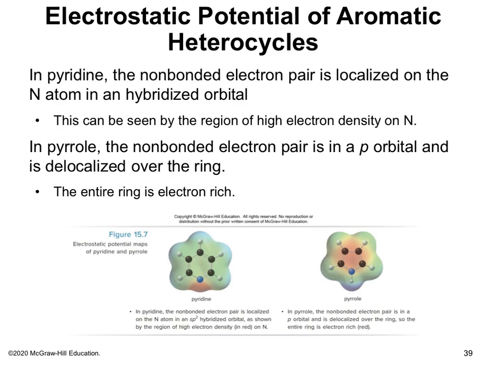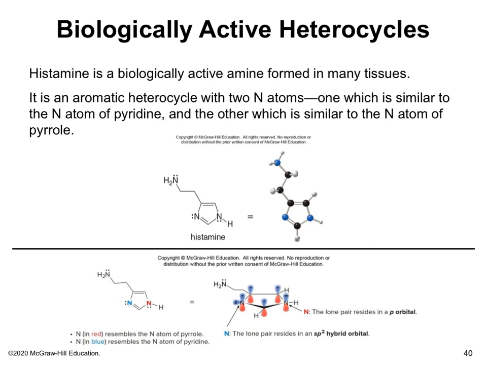This is just showing you some electron models. These are showing you biologically active heterocycles. So histamine is a biologically active molecule. Is it aromatic? Well, is everything sp2? They're sp2, sp2, sp2, so they're all sp2. That's fine. How many pi electrons? Well, you have these 1, 2, 3, 4, 5, 6.